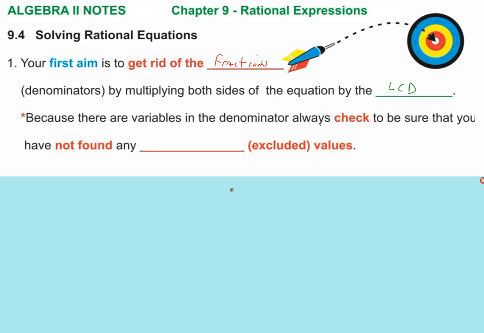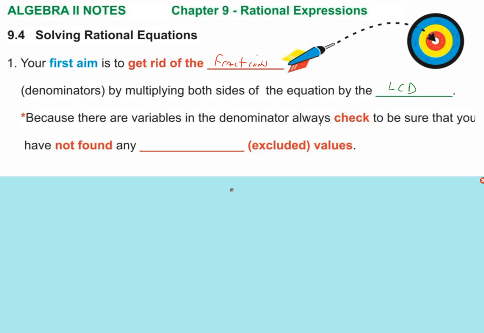So we want to get rid of the denominators. If we multiply by the LCD, that'll get rid of the denominators. That's going to involve some factoring, and again, some varying complexity. However, remember, whenever you have a variable in the denominator, if it's not an equation, you're going to worry about excluded values. Values the variable cannot be because you end up with infinity.